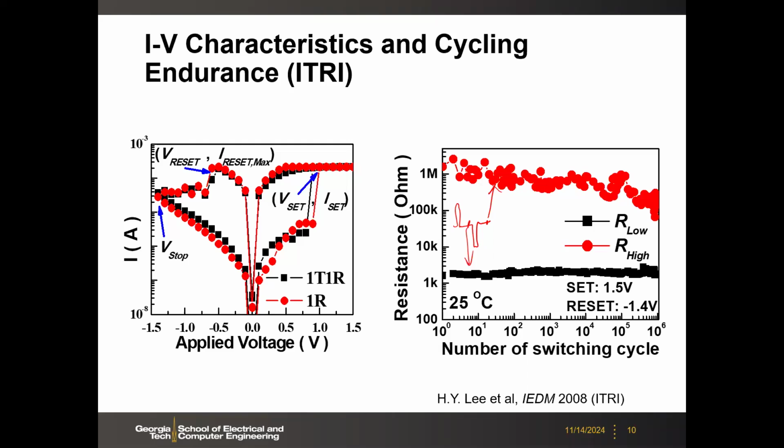So you can answer for him. Is it because we have the selector to increase the LRS resistance or something like that? No, you have to think about the array integration, right? Without access transistor or selector, how can you cut off the sneak path? Okay, ask yourself.